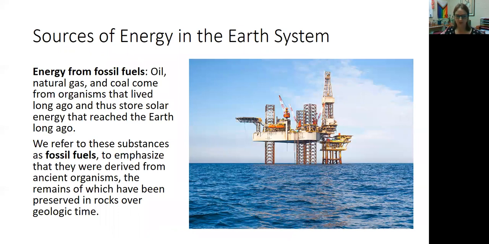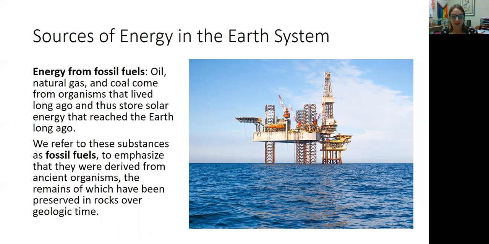So when I say fossil fuels, I mean oil, natural gas, coal. All of these fuels come from organisms that lived a long time ago. And thus they store the solar energy that reached the Earth a long time ago. So the sun provided energy to the organisms, be it grass, trees, plankton, the organisms on Earth a long, long time ago.